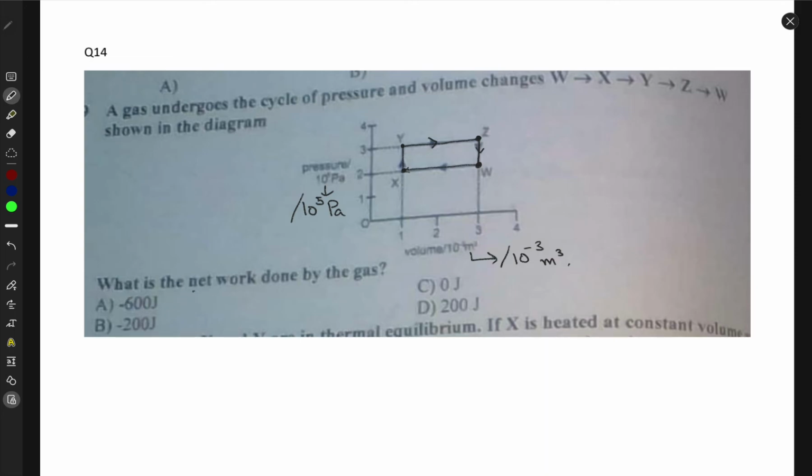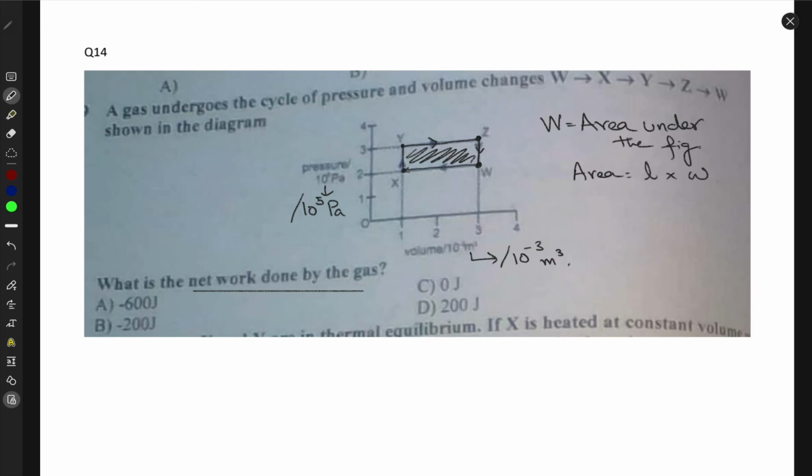What is the net work done by the gas? We know that the work done is represented by the area under the figure. Now that is just a rectangle in this case, which means that the area of a rectangle would be length into width.